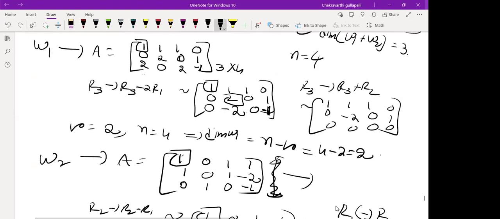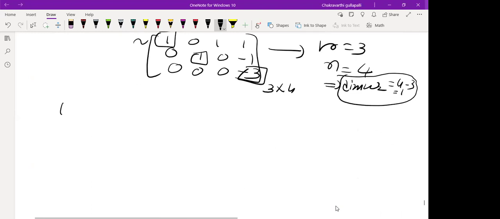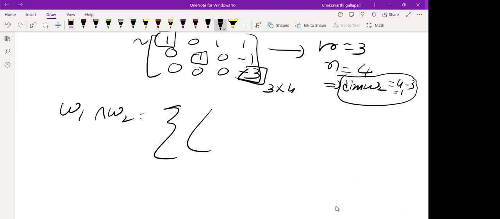Intersection means the conditions such that all the conditions are satisfied. Okay, so what are the conditions here?